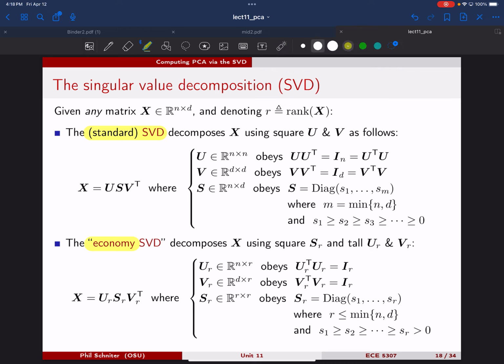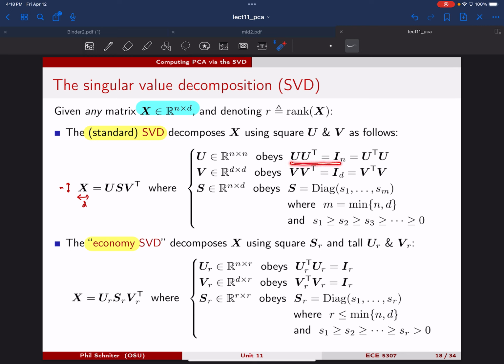Up here, we're going to start by saying X is n by D. Clearly the left dimension of U must match the left dimension of X, so U is going to be n by n. We said it's orthogonal, so it needs to be square.